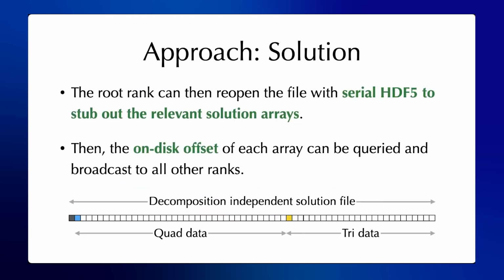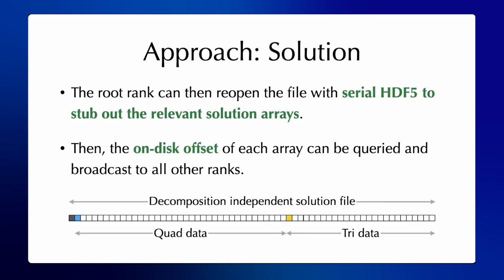Well, we've created our file. Now we're going to reopen it with serial HDF5, and we're going to stub out the solution arrays. So in other words, we're going to lay down the structure of the file, and in that file, we're going to create all of our arrays. These are big, chunky arrays, and those arrays are in global order for the elements.